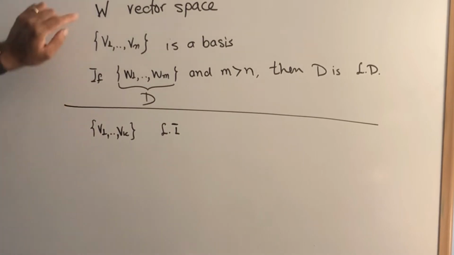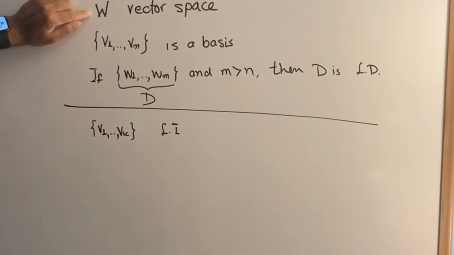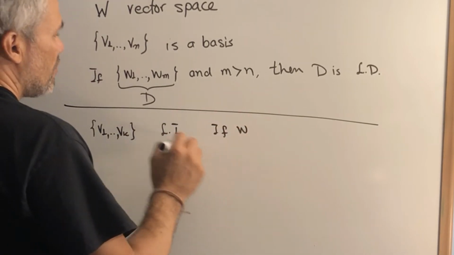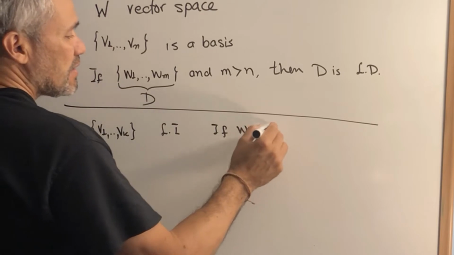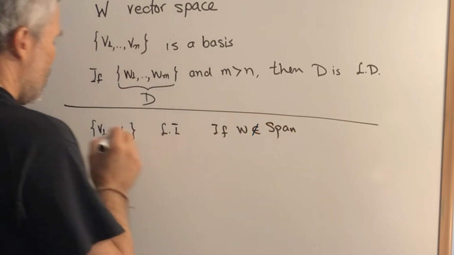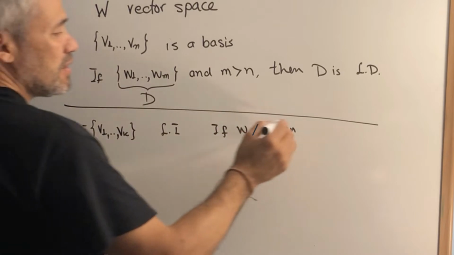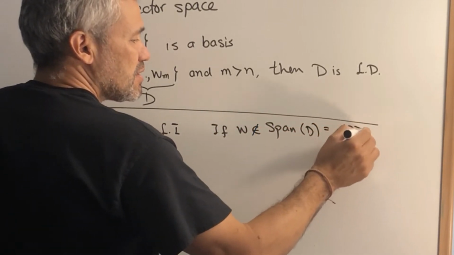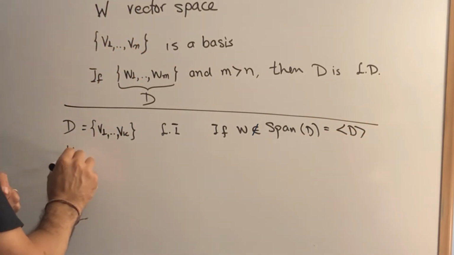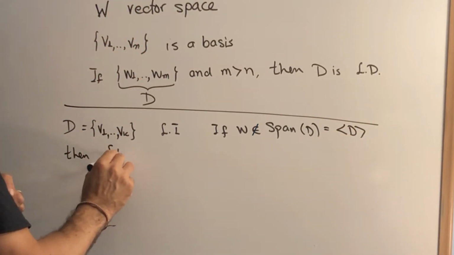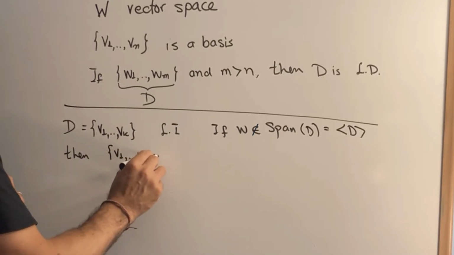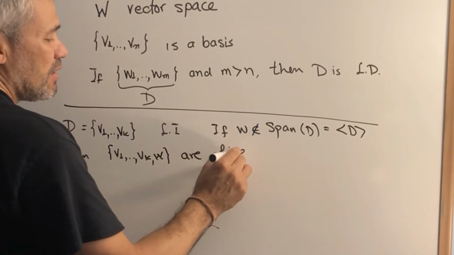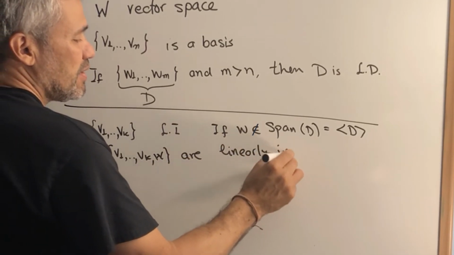They are not necessarily a basis, but they are some vectors linearly independent in W. Then it is easy to prove that if W, a vector in W, is not in the span of this set, let's call this set D, in the span of D, which is denoted like this, then these vectors B1, ..., Bk, and W are linearly independent.